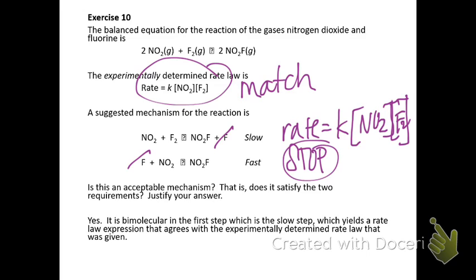And then it says, is this an acceptable mechanism? That is, does it satisfy the two requirements? Okay. So yes, it is acceptable because it agrees with both the experimental rate law and the balanced equation. So it would be a yes. Okay. Also, it's bimolecular.